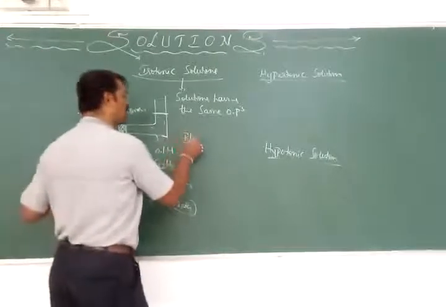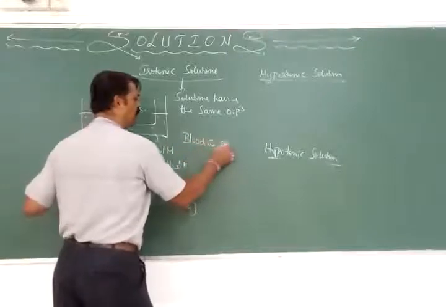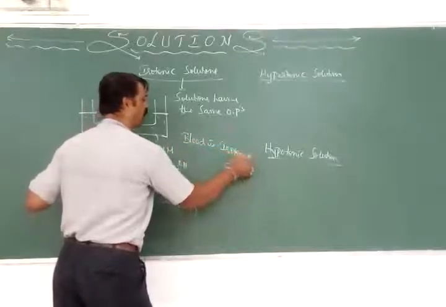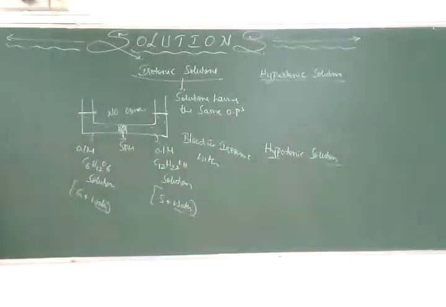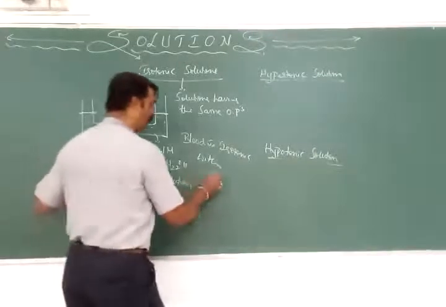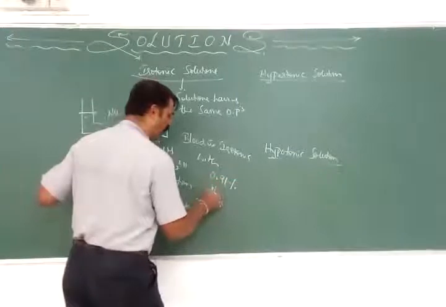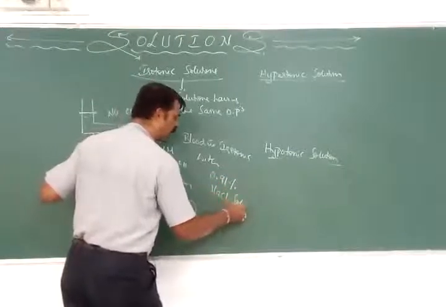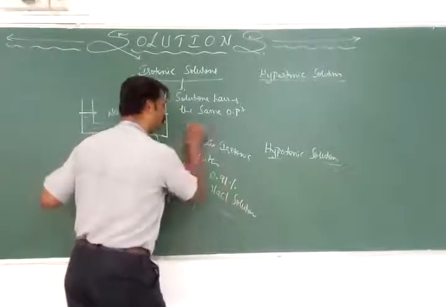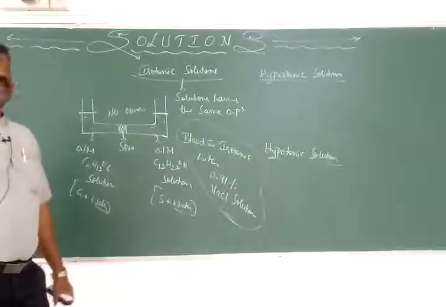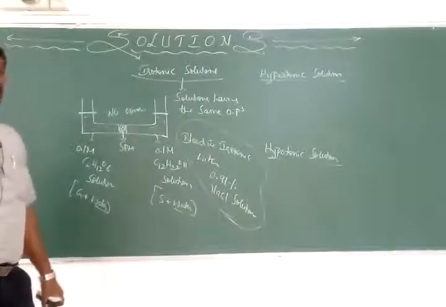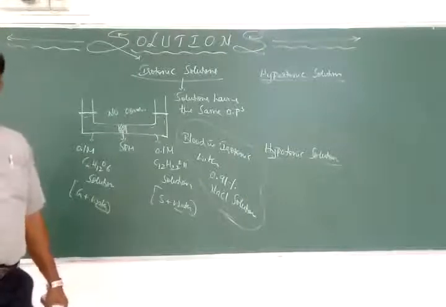Here blood is isotonic with 0.91% NaCl solution. What is isotonic here? The blood is isotonic with which one? 0.91% NaCl. What's the meaning of that here?